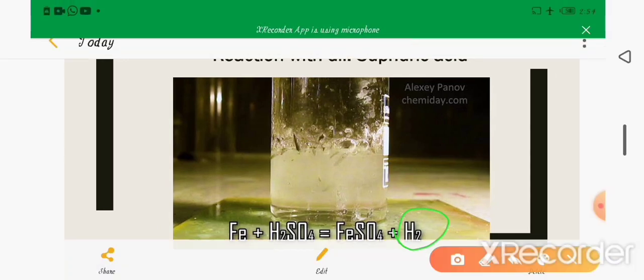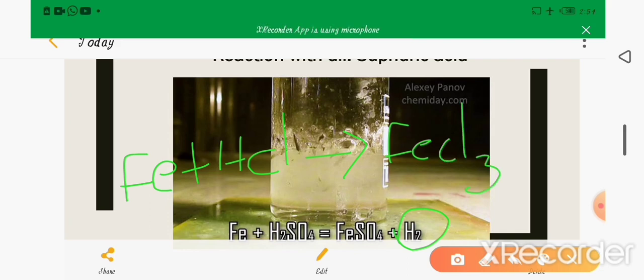The same way, whenever iron Fe reacts with HCl, it forms ferrous chloride plus hydrogen gas, with liberation of hydrogen. So whenever it reacts with an acid, it forms a salt plus hydrogen. It reacts with HCl and H2SO4, and liberates H2 gas.